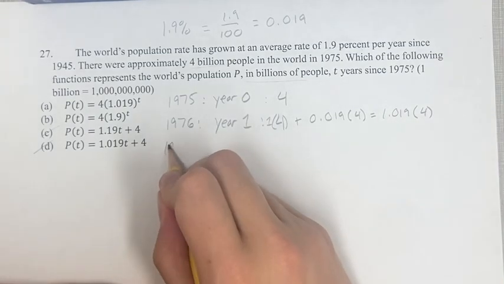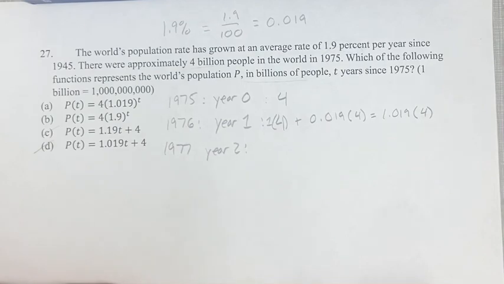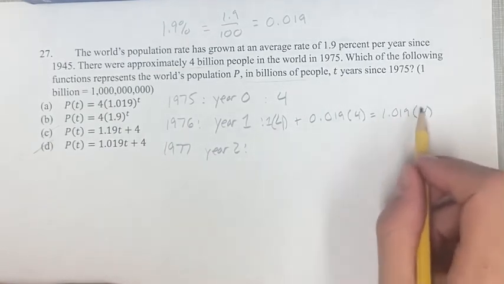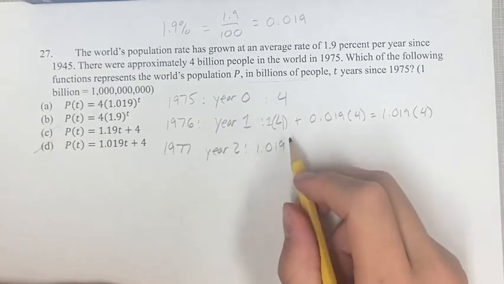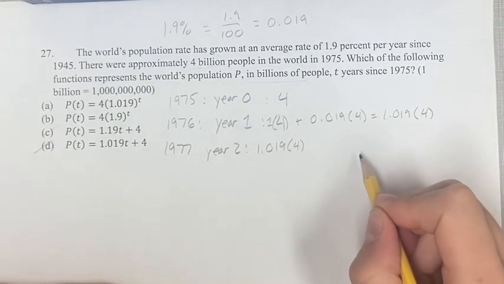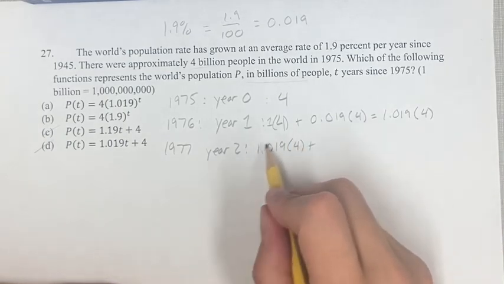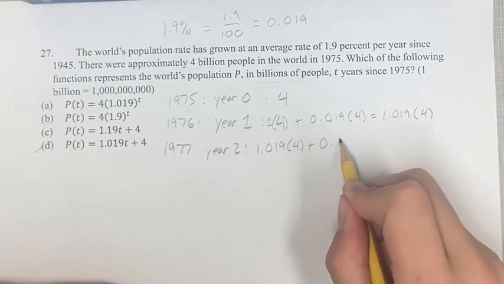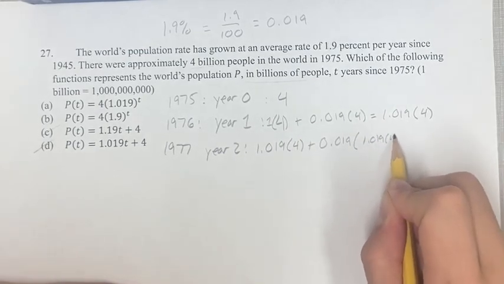Okay, 1977, year 2, our starting point is 1976, 1.019 times 4, plus 1.9% of this, which is 0.019 times this, 1.019 times 4.